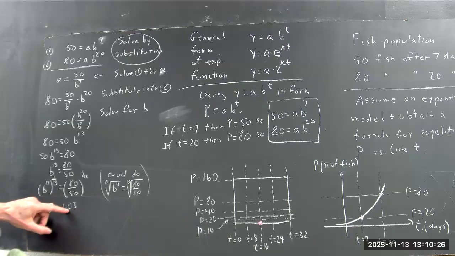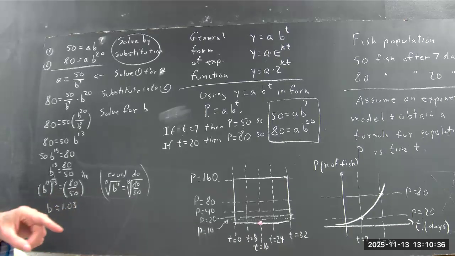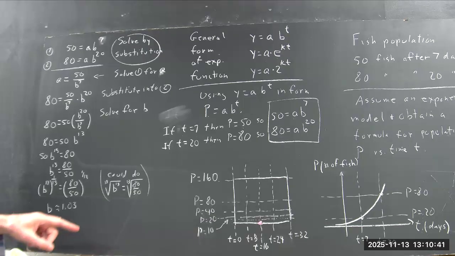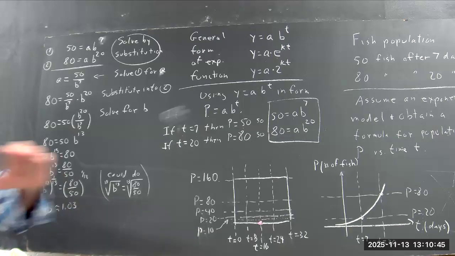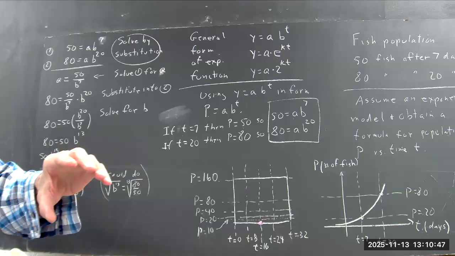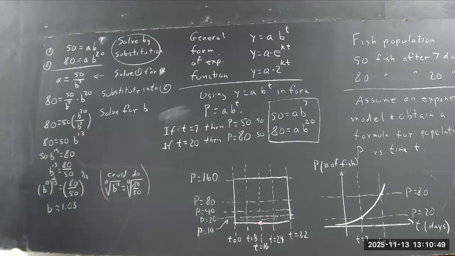So 0.03 is your growth rate. And that growth rate needs to be a little more precise than this to get a good model. Again, 3% or 3.1% in the long run makes a big difference. But I'm going to just use 1.03 just for simplicity.